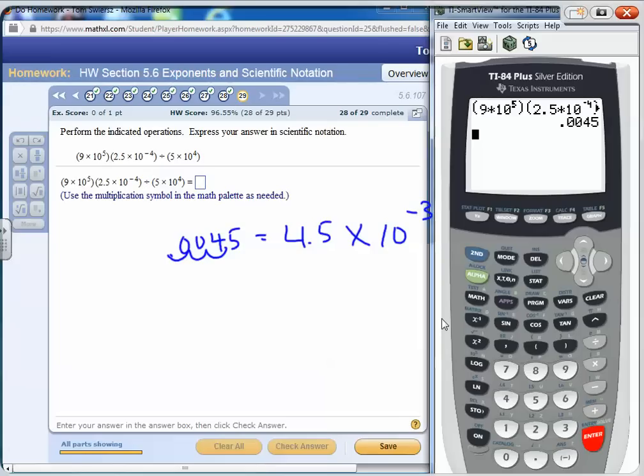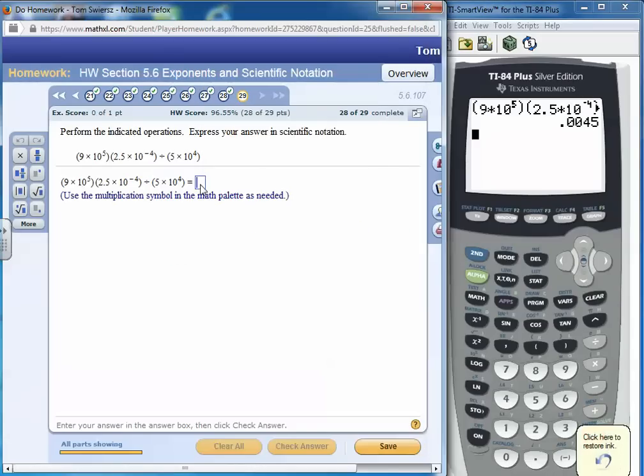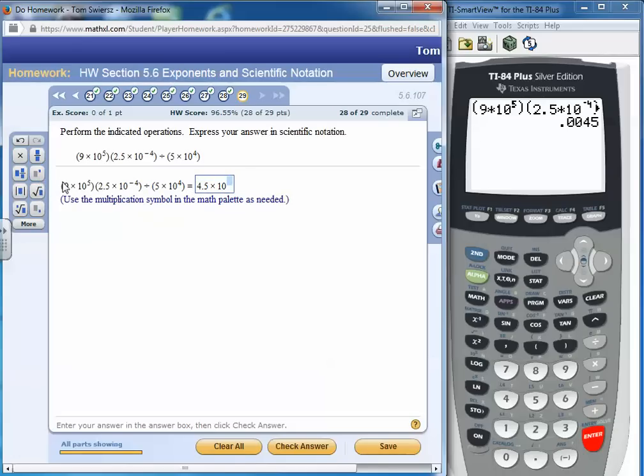So it would be 4.5 times 10 to the negative 3rd power. And there's our correct answer.